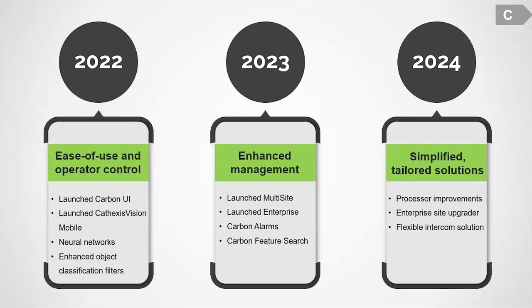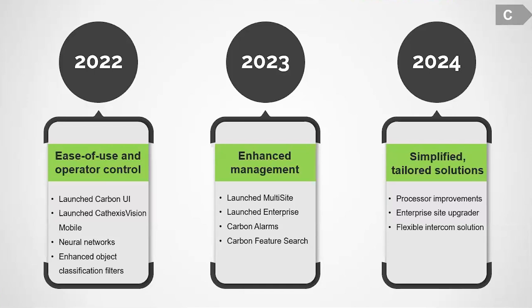Starting back in 2022, we introduced our Carbon user interface, our upgraded client viewer that has the latest features, latest functions. We also launched the CATHEXISVision mobile application, similar to the Carbon application, with new features, new functions. In 2022, we also introduced neural networks to the software for our analytics. We also had advanced object classification filters introduced in 2022.